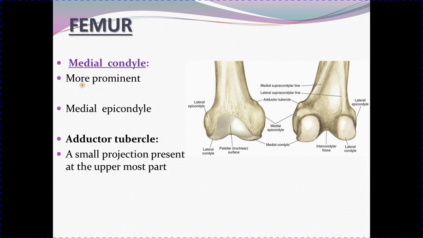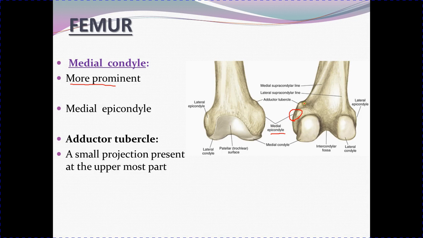The medial condyle is more prominent and it also has a small elevation which is called the medial epicondyle. Just above the medial condyle, there is a small elevation of bone which is called the medial epicondyle.